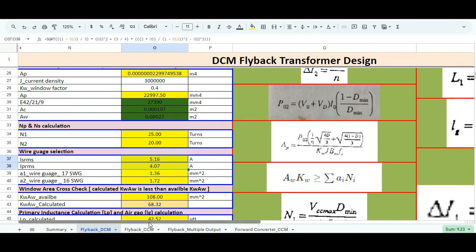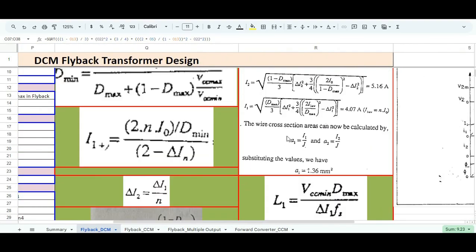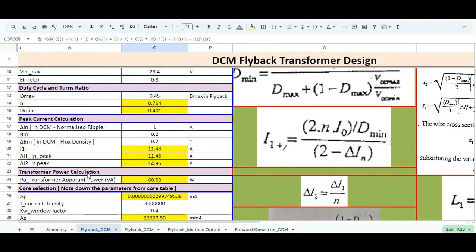Based on that, you can calculate the wire gauge: A1 is I1 RMS divided by current density, and A2 is I2 RMS divided by current density.